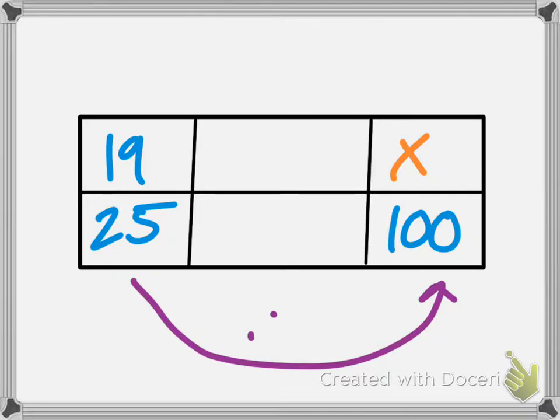Not by 2. Romina? By 5. Not by 5. We're so close. Michaela? By 4. There are 4 quarters in $1, and quarters are worth 25 cents.